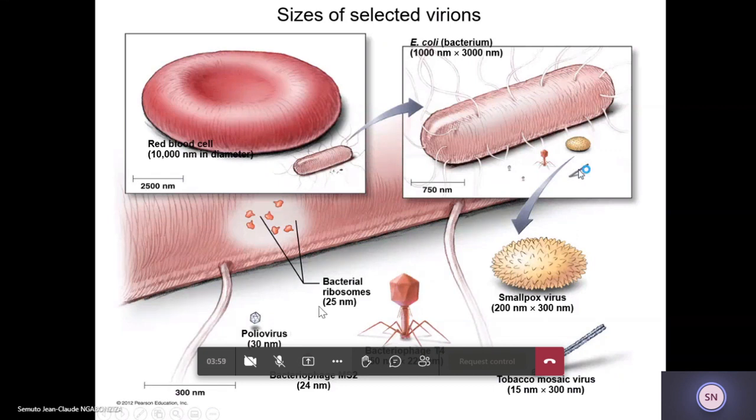Some viruses are just close to the ribosome size of bacteria, and they are very teeny, like polioviruses and this bacteriophage, and some are very teeny but long. This is the largest virus, the smallpox virus, and it only measures 200 or 300 nanometers. By comparison to an E. coli bacterium, you can see that viruses are very small.